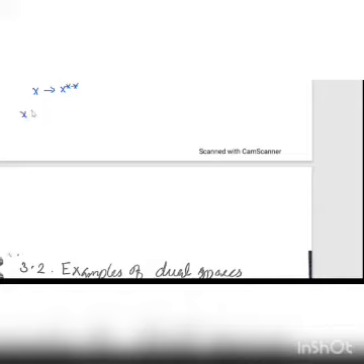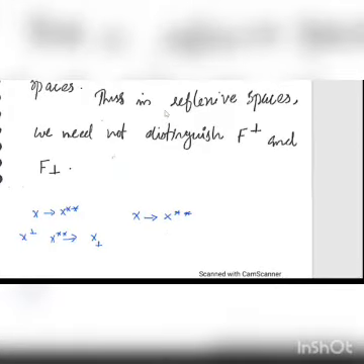First you denote the annihilators like this, and the annihilator in X star star you denote like this. Now we can identify these two because there is a linear isometry from X to X double star, so the annihilators will be the same. Thus, in reflexive spaces we need not distinguish the annihilator of F and the annihilator of the dual of F.